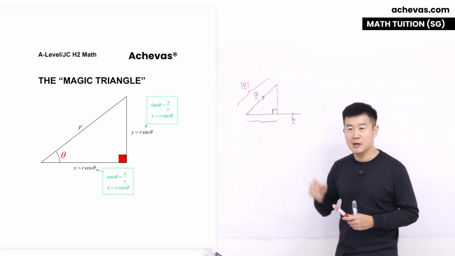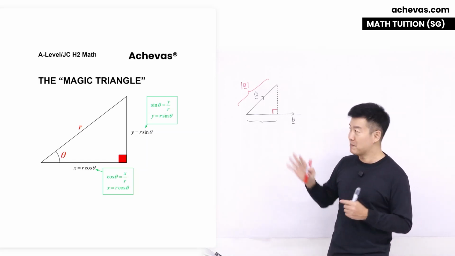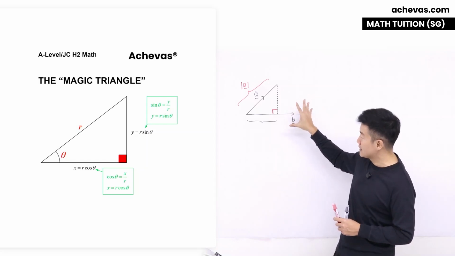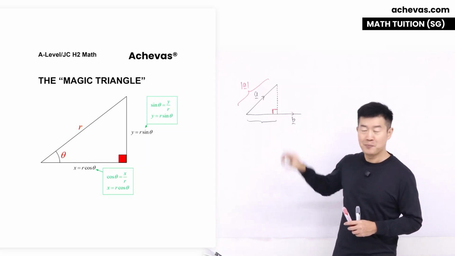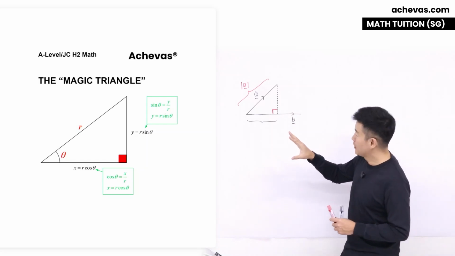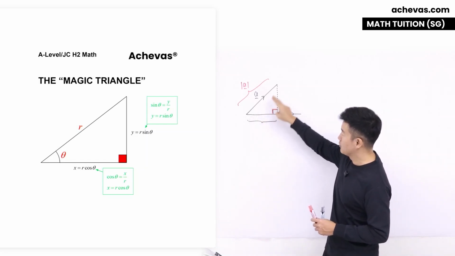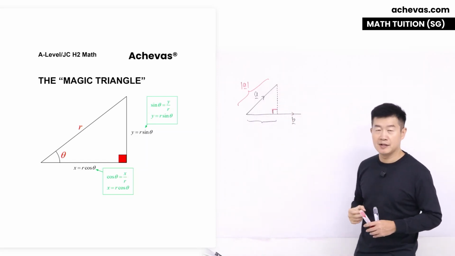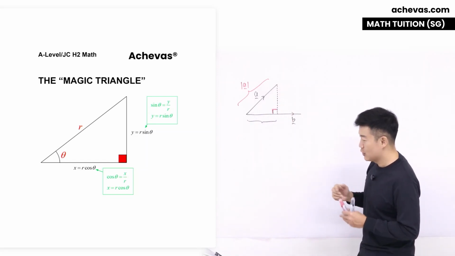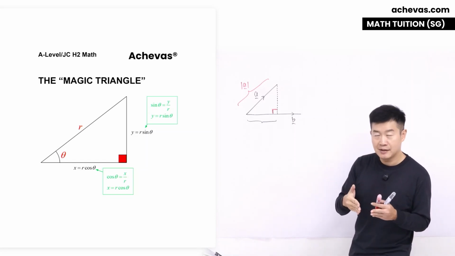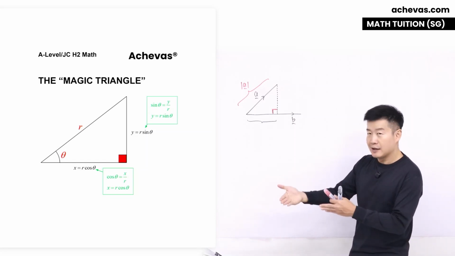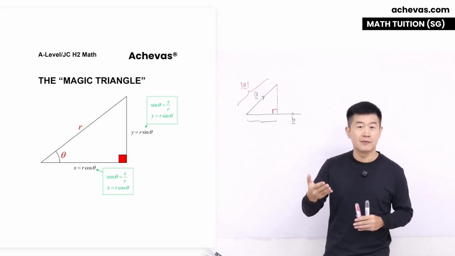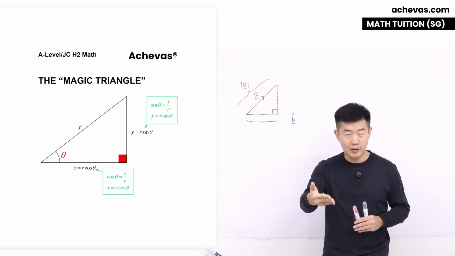But theta is the one that I personally find makes this triangle magical when applied to solving distance questions in vectors like this. If you think about it, there are two possible places to position theta. It can be here, it can be here, and I will still be able to use what we have learned in secondary school. But we are going to be bringing in vectors equations, specifically dot and cross product, which involve the angle between two known vectors.